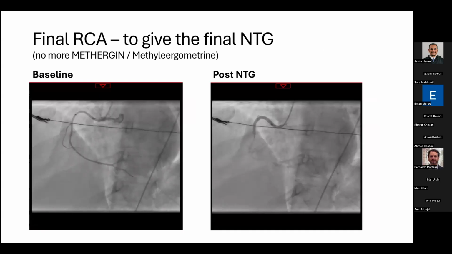Then we went back to give the nitroglycerin. You have to go back to the artery that we injected to make sure everything is good. And we give the nitroglycerin. This is the final shot before removing the catheter. After giving the nitrates, you can see that the artery regained its caliber. Here it's a diffuse spasm, diffuse reaction of the RCA on the right side.